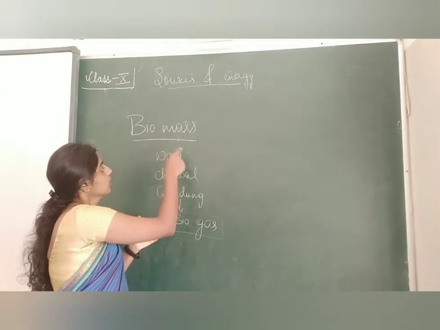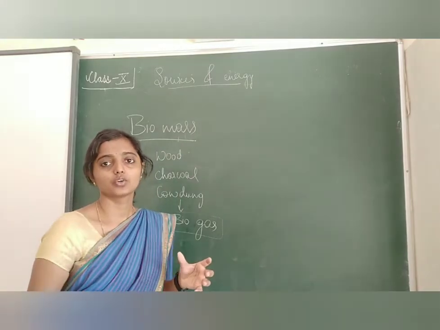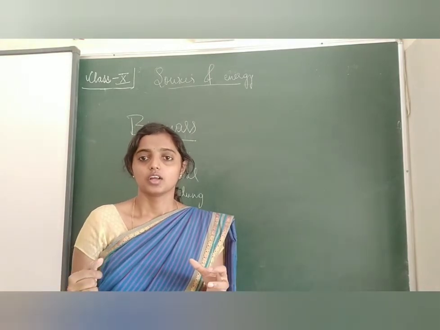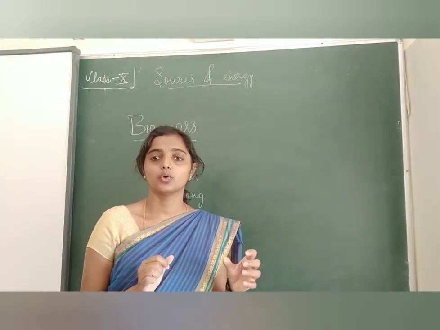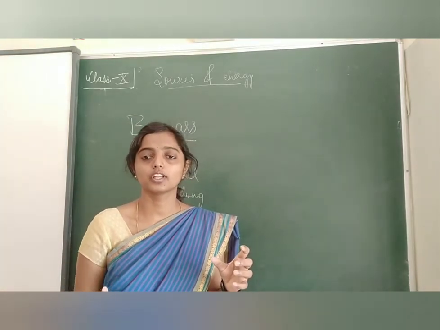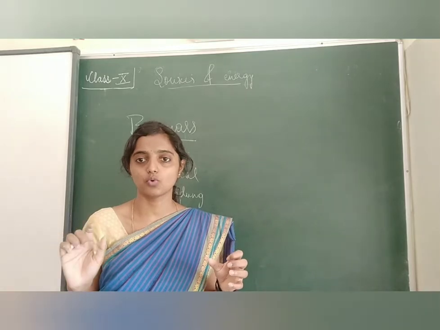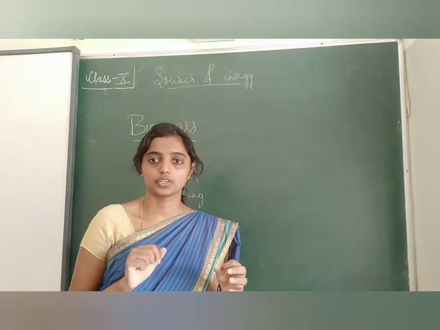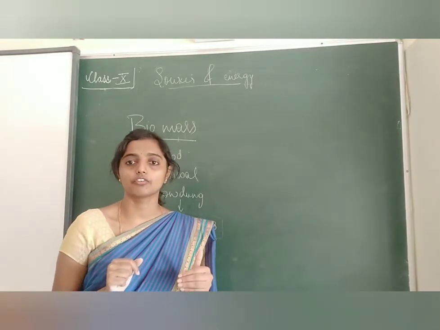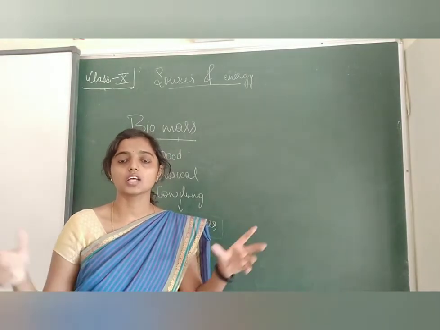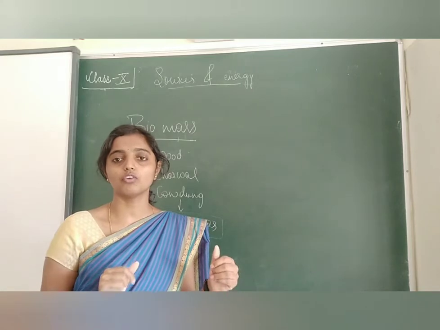So we know that wood can be heated to get heat energy, and wood is also called biomass. But when we burn wood, we get a large amount of smoke that creates pollution, right? And at the same time, wood has low calorific value. That means by burning a large amount of wood, we get only a small amount of heat.